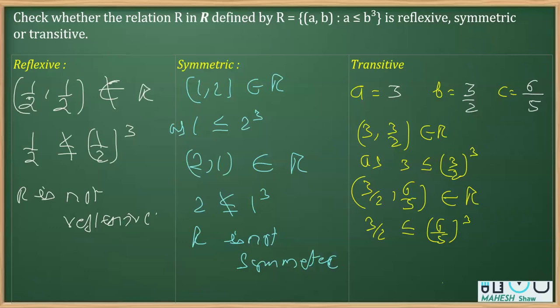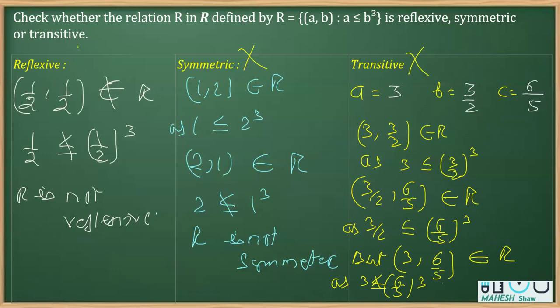But (a, c), where a is 3 and c is 6/5, does not belong to R, as 3 is not less than or equal to (6/5) cubed. So we'll say that it is not transitive, not reflexive, and not symmetric. That's what we need to check in this question.